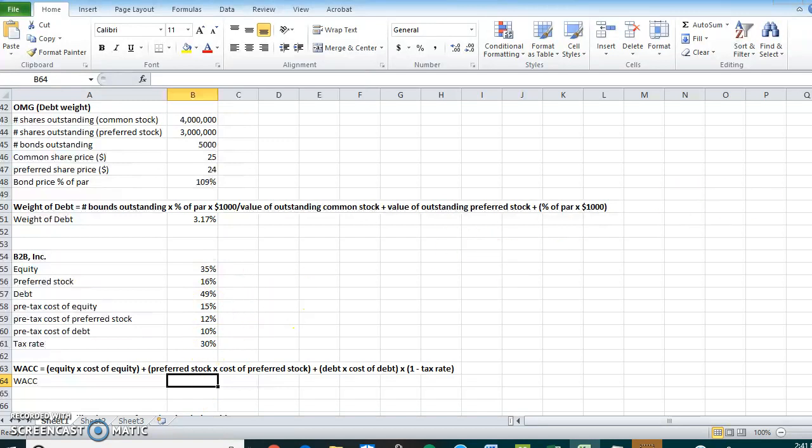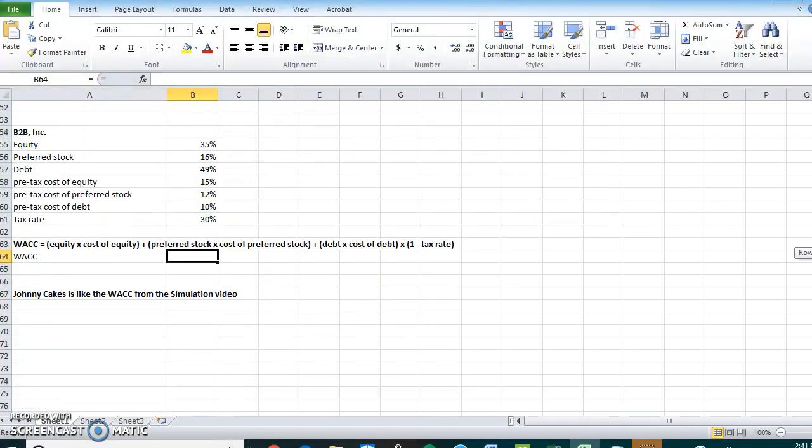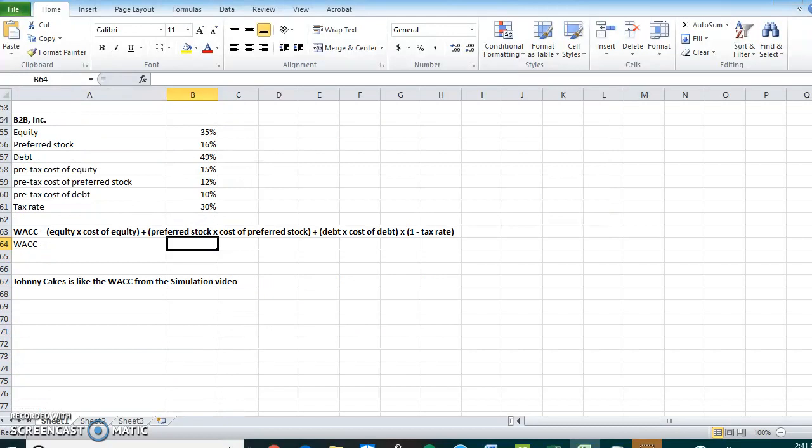Next, we've got B2B. B2B has a capital structure of 35% equity, 16% preferred stock, and 49% debt. Assume the before-tax component costs of equity, preferred stock, and debt are 15%, 12%, and 10% respectively. What is B2B's WACC if the firm faces an average tax rate of 30%?